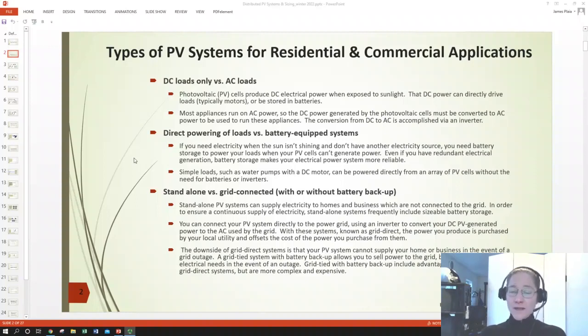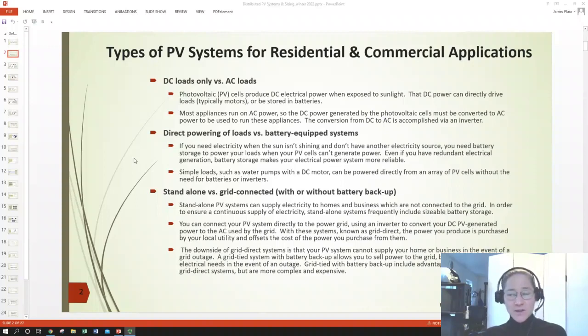If you want the advantages of a grid-tied system, but you also want your system to take care of your own power needs in the event of an outage, you have to go to a more complicated system known as grid-connected with battery backup, where you have a very defined disconnect to the grid, which will cut off in the event of an outage, and you have a second, effectively a redundant system that will supply your essential loads under those circumstances.